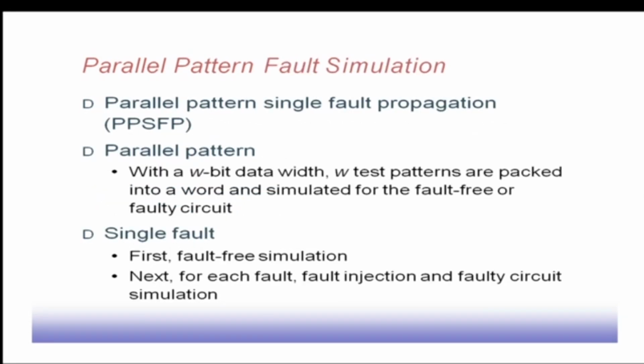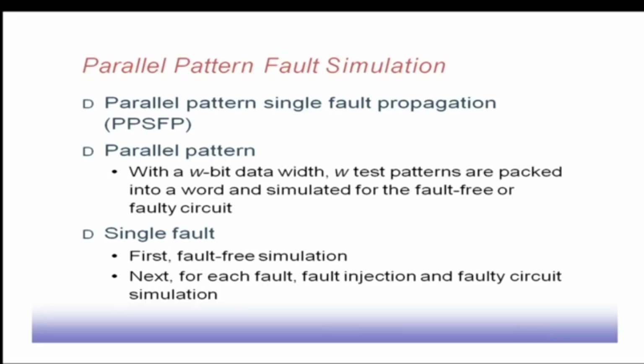Next, we look into parallel pattern fault simulation. In the previous case we simulated a number of faults in parallel. Now we will be doing single fault simulation, but for multiple patterns. The basic idea is similar. We have a W-bit data width, so W test patterns are packed into a word and simulated for the fault-free or faulty circuit.